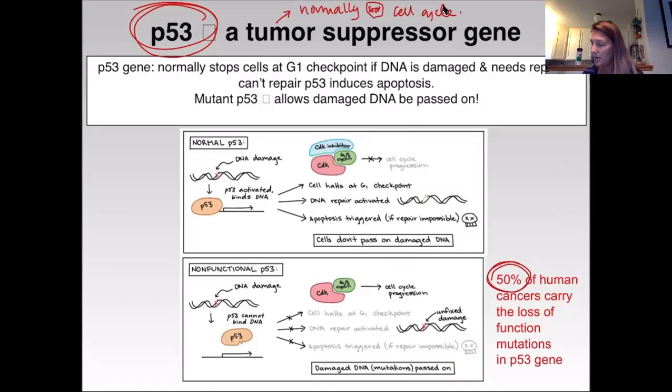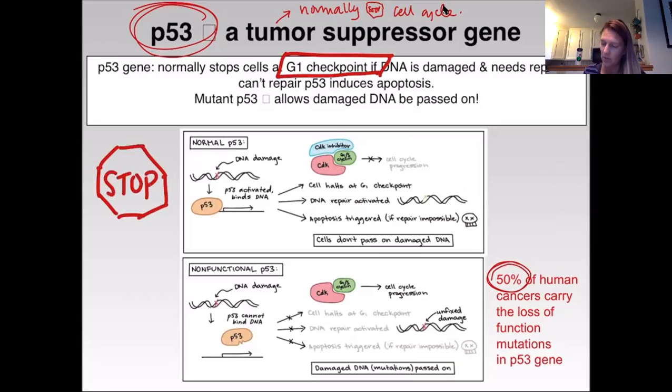p53 is something that you guys know about. It is a G1 checkpoint protein that normally is involved in, again, using that stop if something's wrong. If the DNA is mutated, it will stop. However, with mutations in p53, you lose that checkpoint and the cell continues to go even with damaged DNA.